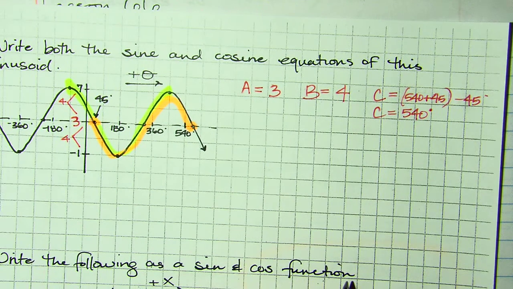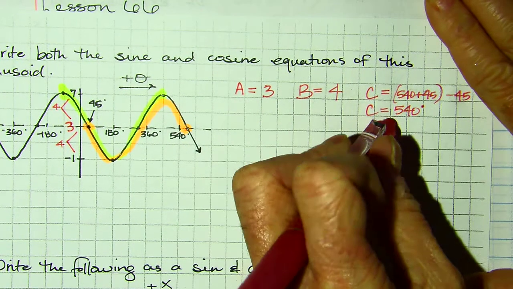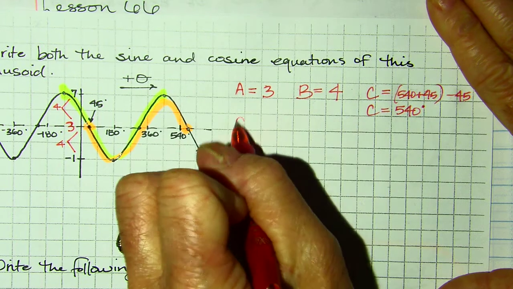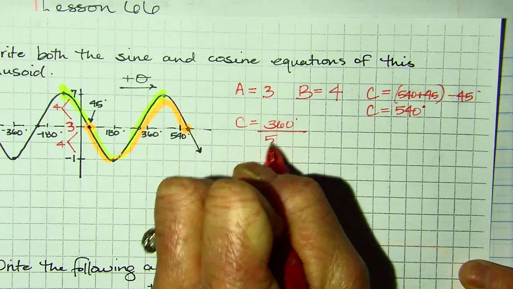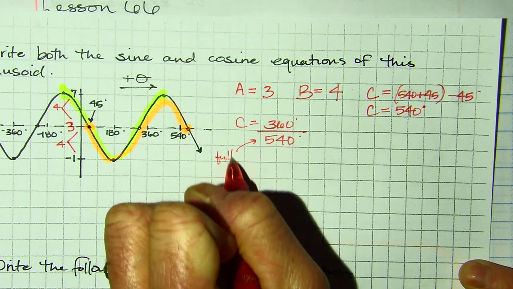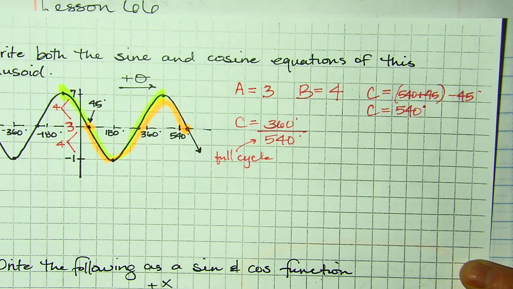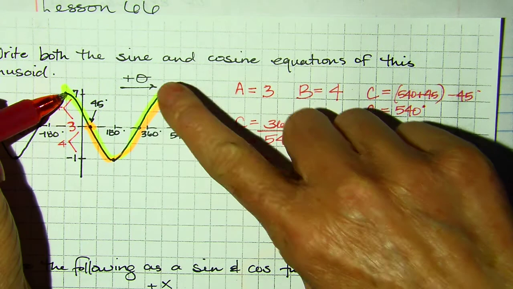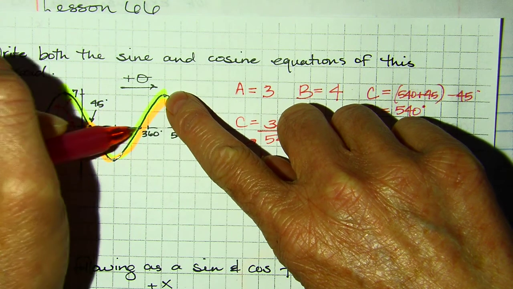Remember, our formula to figure all of this out is 360 degrees divided by our full cycle. So we determined that it took our graph 540 degrees to complete a full cycle. Had I measured from here to here, that would have been 90 plus 450.